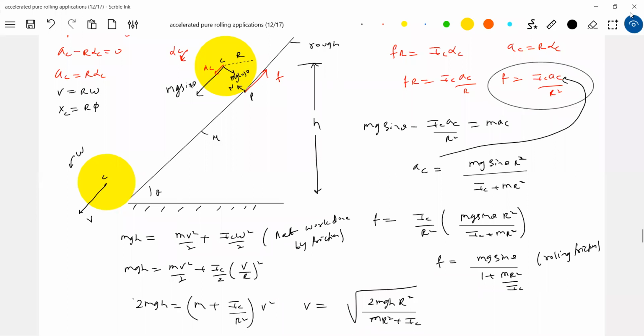What should be the minimum value of mu for which it will have pure rolling? Any conditions will you put here? And the condition for mu, as I am just trying to introduce here.